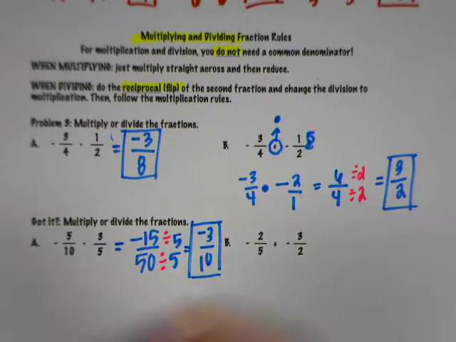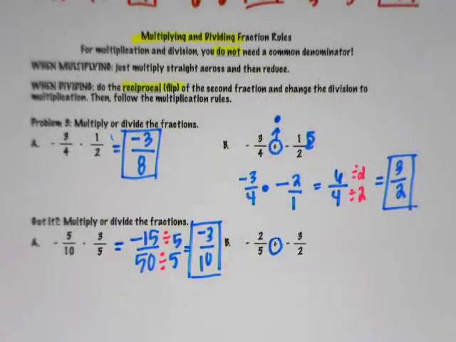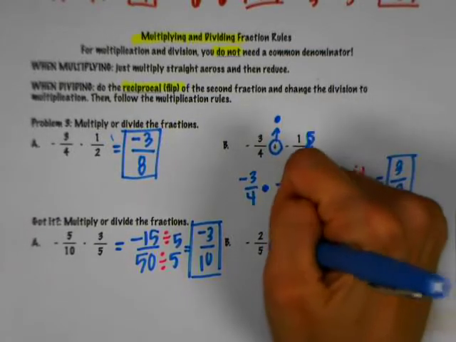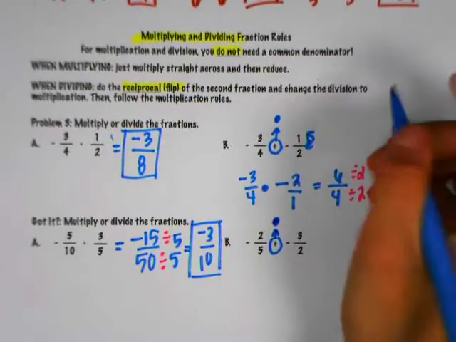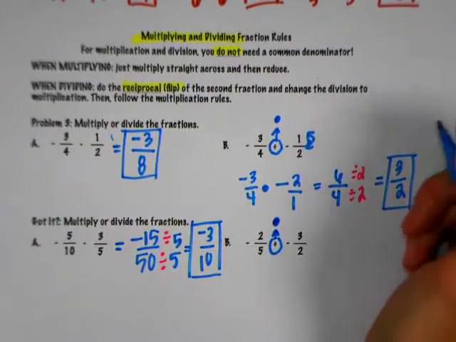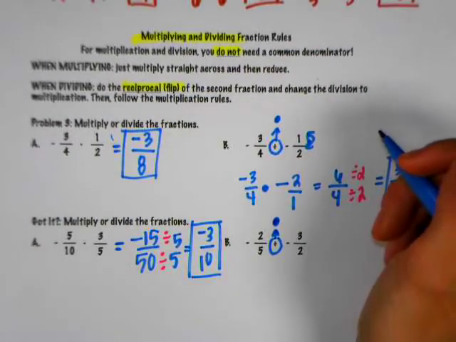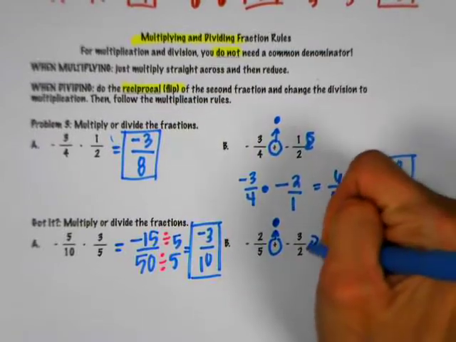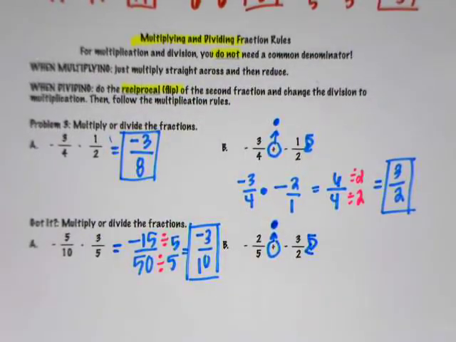And then the last one. One of the biggest things I see on tests is that people aren't looking in between and seeing what operation it's asking for, okay? So be very careful, always look at the center. So it's going to be multiplication. We're going to have to do the reciprocal of the second one because it's division.